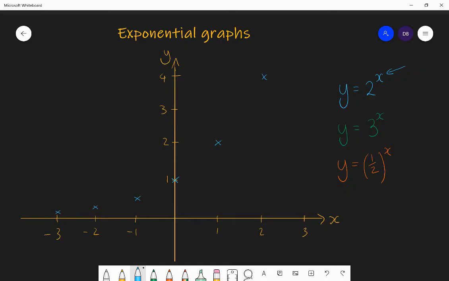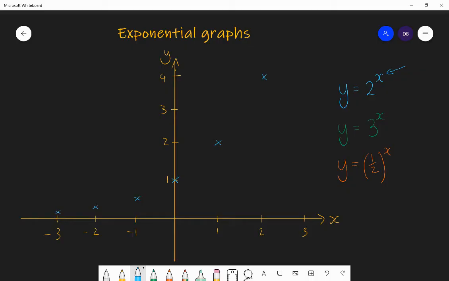This will approach the x-axis, but it will never reach it. Even if we went all the way left to enormous negative numbers, so minus a million, 2 to the power of minus a million will be 1 divided by 2 to the power of a million, which will be an infinitesimally small number, but it will still be just a tiny bit above the x-axis.